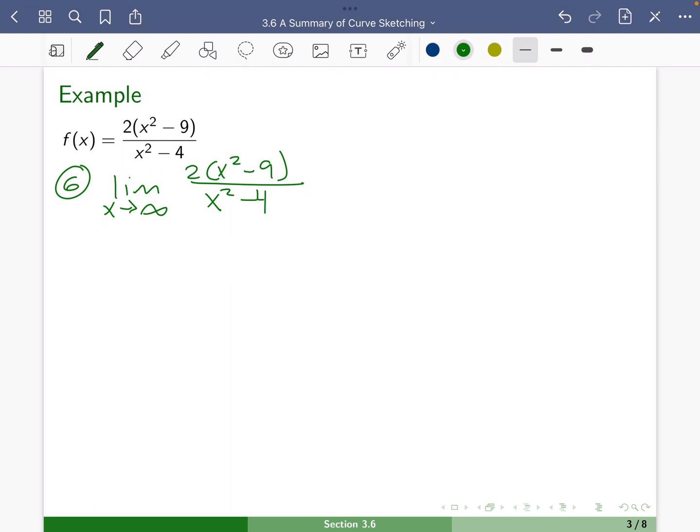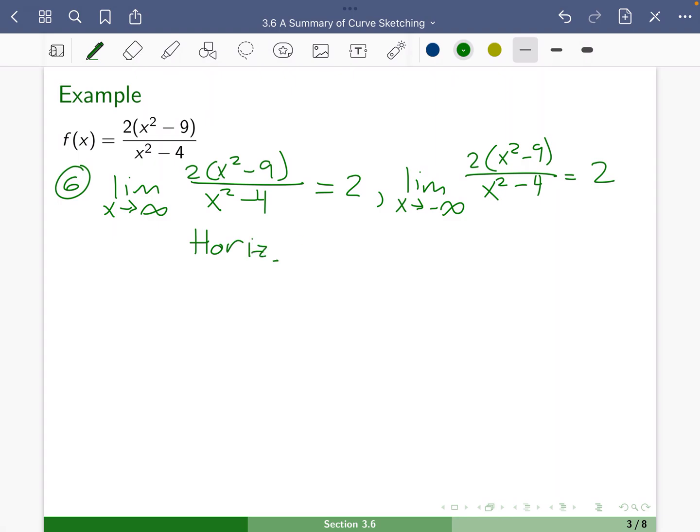If we were to evaluate that, notice that the power on top and power on bottom are the same, so that limit is going to be the ratio of the leading coefficients, so that limit is 2. Similarly, the limit as x approaches negative infinity is going to be that same value. So we get a horizontal asymptote of y equals 2.